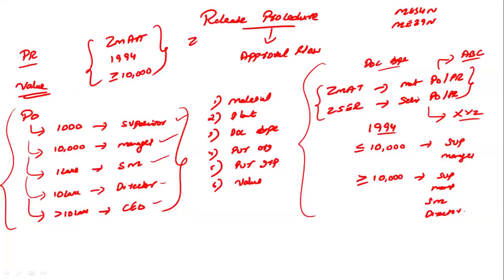If I'm raising a PR for ZMAT, value is still greater than 10,000, but plant is 1985, in this case, the release procedure will not get applicable. So release will be applicable only when the values are matching with the conditions.